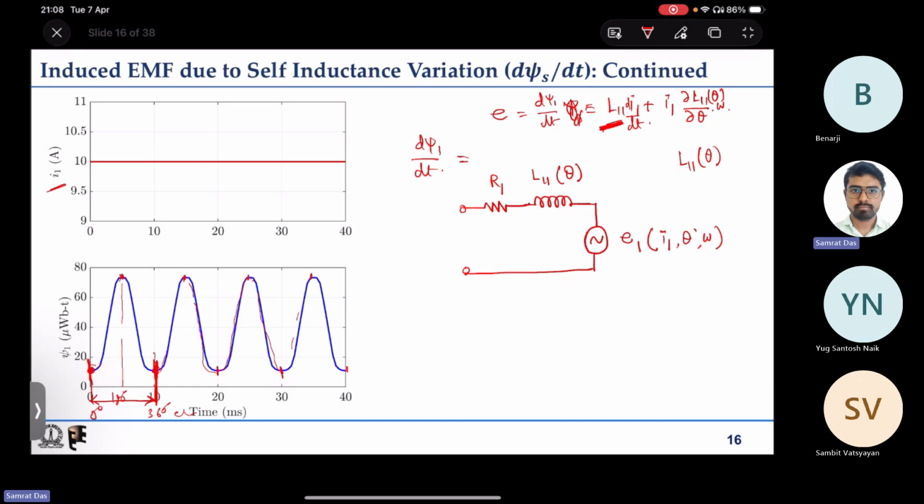So this is your electrical equivalent circuit for this type of coil.